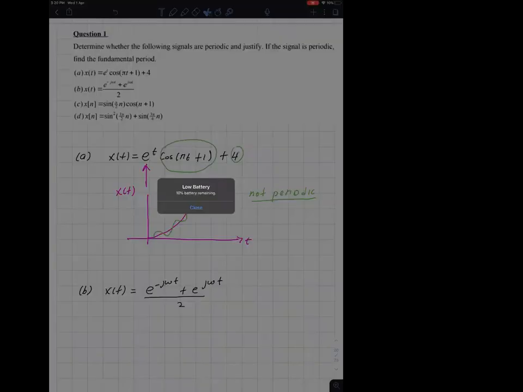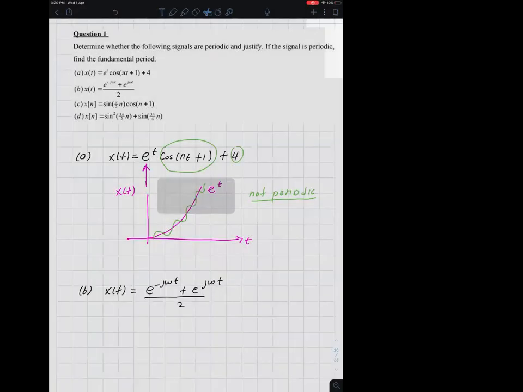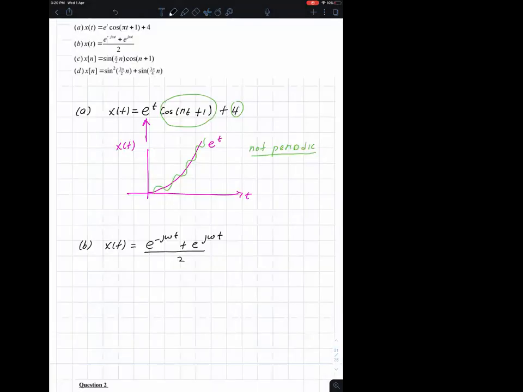Using Euler's identity, this is simply cosine 2t.